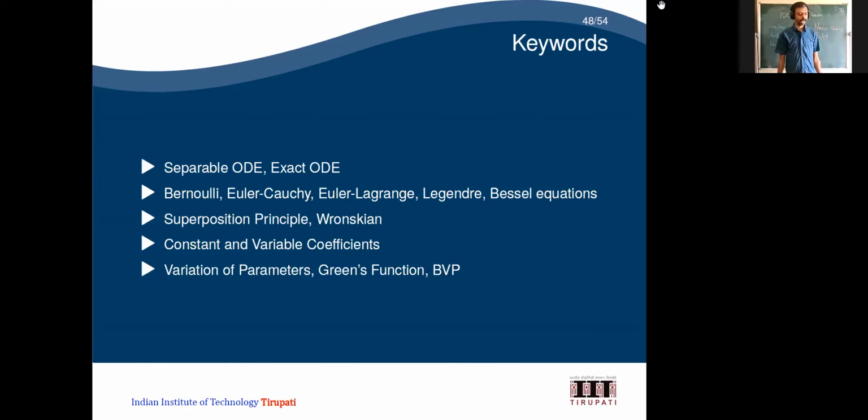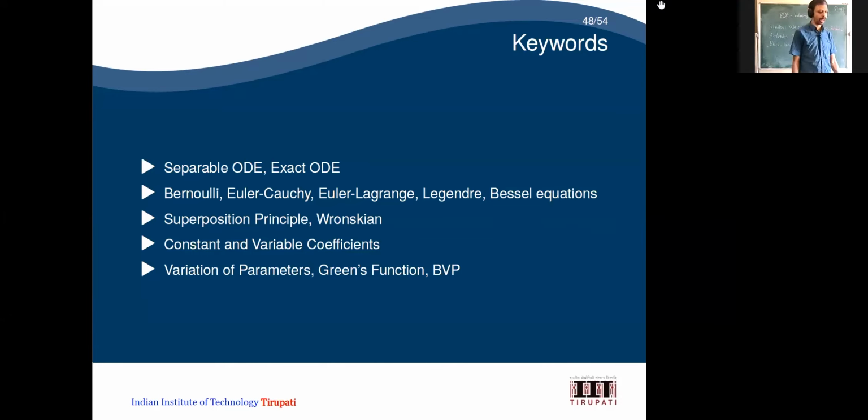Similarly, you have exact ODE, where you have seen some of the solutions also. And these are some of the keywords you might have known from the ODE course: Bernoulli equation, Euler-Cauchy equation, Euler-Lagrange equation, Legendre equation, Bessel's equation, and then the superposition principle. What is the superposition principle?